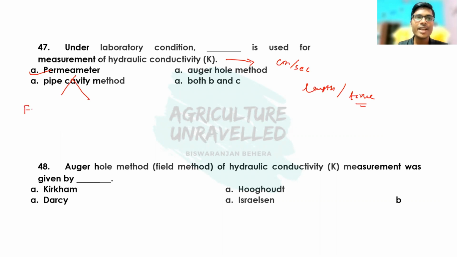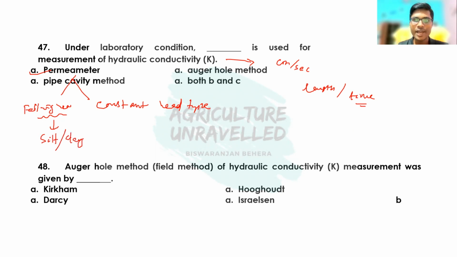One is falling head type, or another one is constant head type. So the falling head type permeameter is suitable for finer texture materials like silt or clay, where the hydraulic conductivity is less than 100 meter per year.